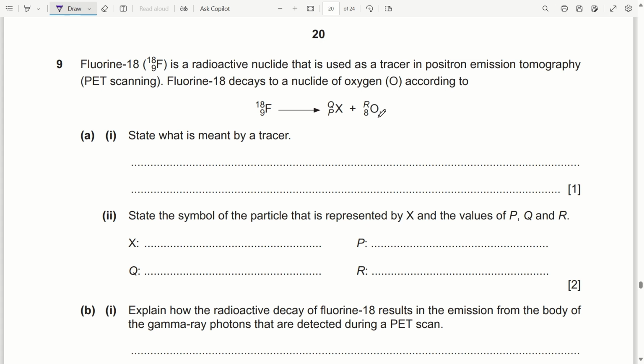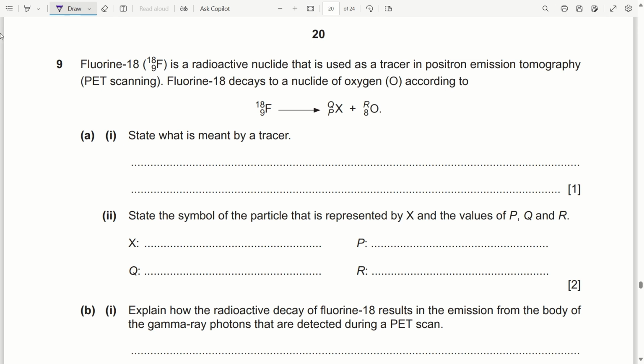So in PET scanning, a radioactive nuclide is inserted inside the body of a patient, and that radioactive nuclide is absorbed by the organs, or the tissues of the body, and then radiation from this is used to produce the image in PET scanning.